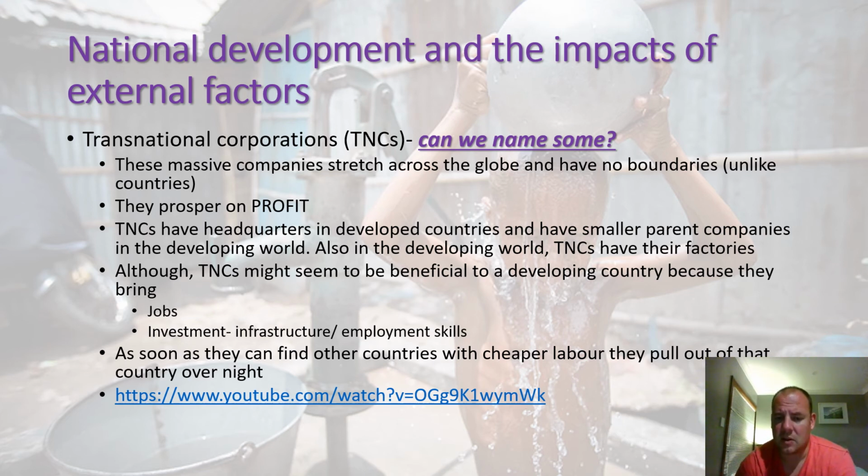However, because they want profit, if wages aren't low or if the TNCs can't make profit, then they just pull out of the country, and that's a big issue, because then the developing country can't attract new businesses. There's lots of unemployment, so it's really important that TNCs treat these developing countries with a bit of respect, because developing countries can't rely on TNCs.